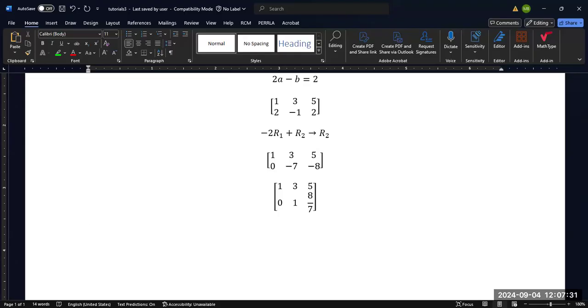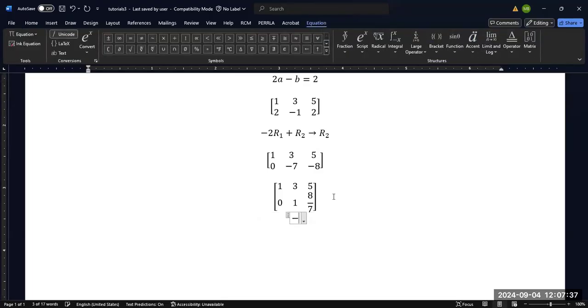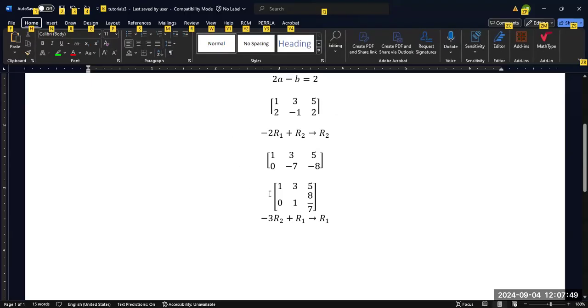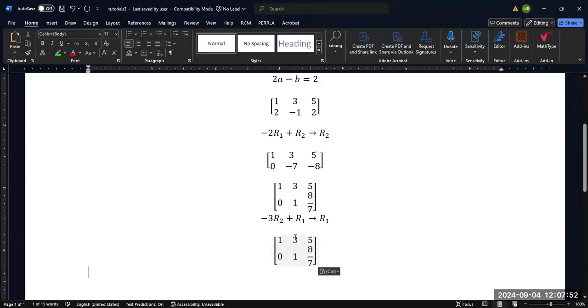And then what I can do is I can either back solve or I can do one more step of row reducing in order to get rid of that 3. So let's do -3 row 2 plus row 1 goes back to row 1. And if I do that, -3 times 1 is going to be -3 plus 3 is going to be 0. But then -3 times this is going to be -24/7 added to 5. 5 is going to be 35/7.